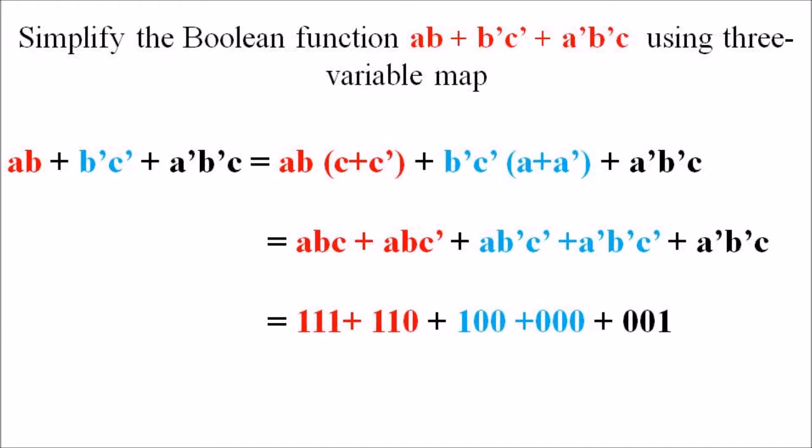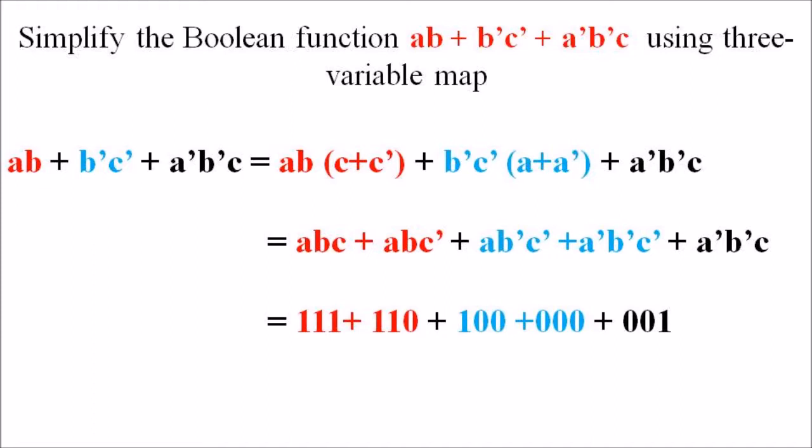Those variables are A, B and C, and the first term and the second term are each missing one variable. So while reducing a K-map or an SOP, all the independent terms should have all the variables.